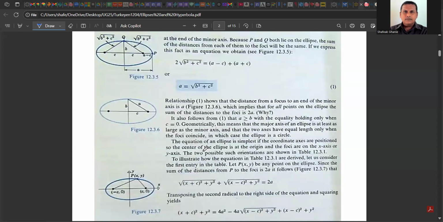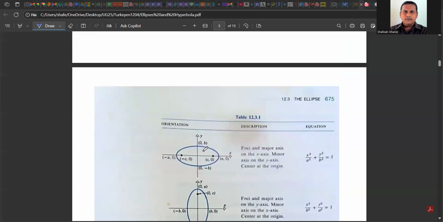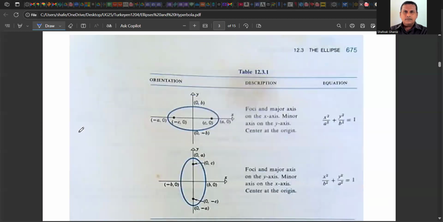This is talking about all the bits and pieces of the ellipse, the focus and the endpoints and so on, and their relationships. I think you dealt with this in the previous course, right? Let's see if I can make it a little bigger. I'm hoping that this is clear enough for you.